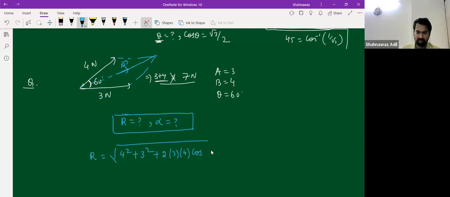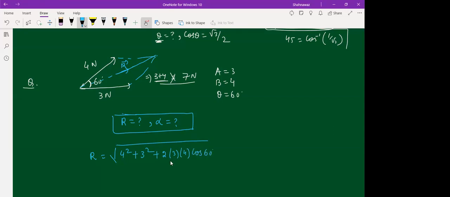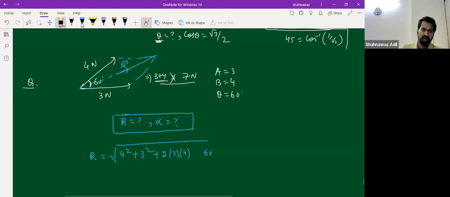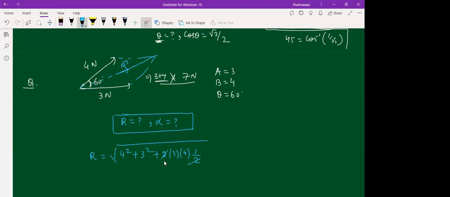Cos 60 is 1 by 2. Okay. So is this the correct answer, Rishita? Nabila, Akib, do you think this is correct? Sir, we have to simplify more.